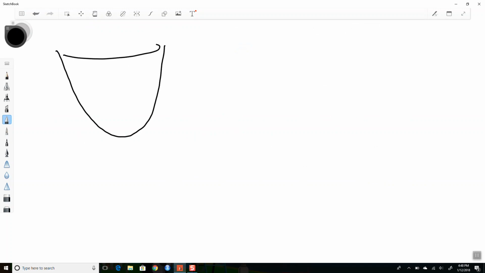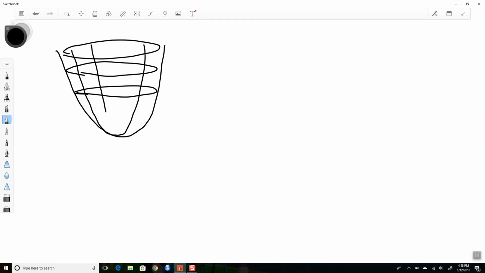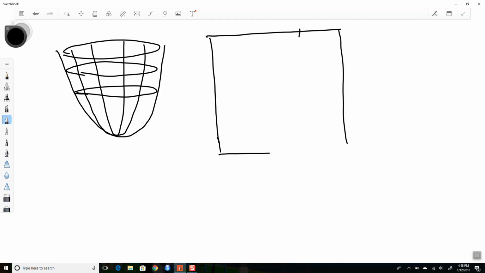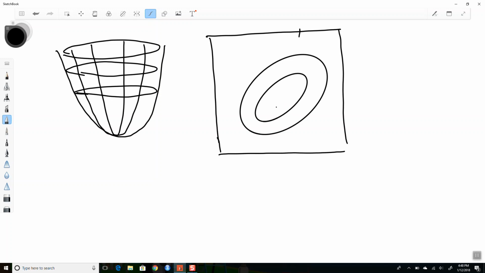So let's say you've got this paraboloid. If we take a look at the contour image from above, it will look something like this.